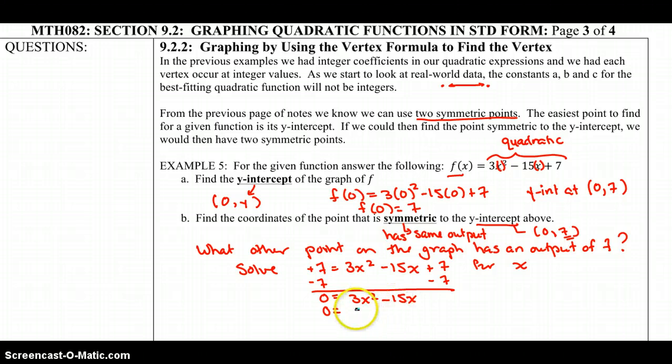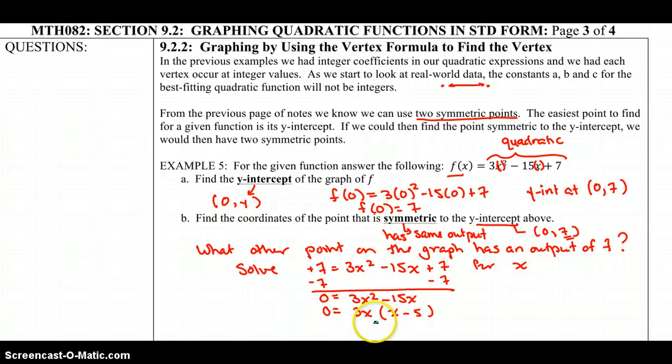These two terms each have a 3 and an x in common. If we factor out 3x, we have x, since 3x times x gives us back 3x squared, and here we get minus 5, since 3x times negative 5 gives us negative 15x.